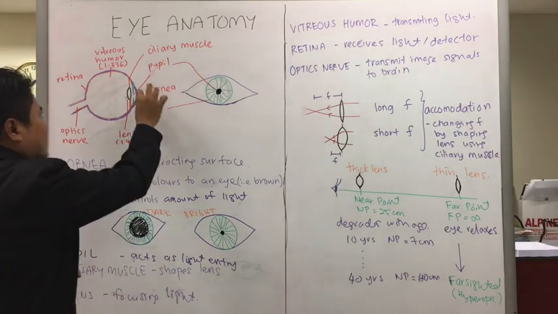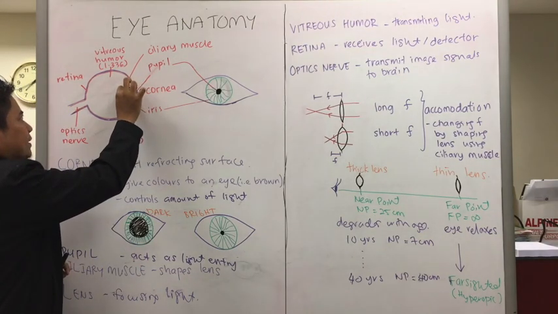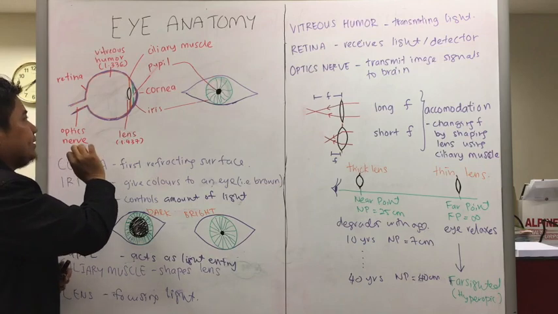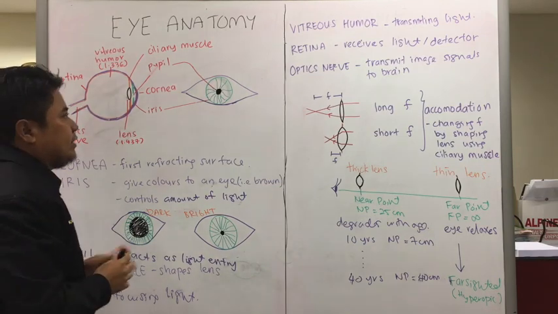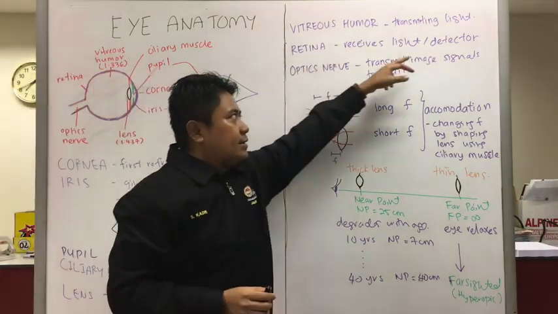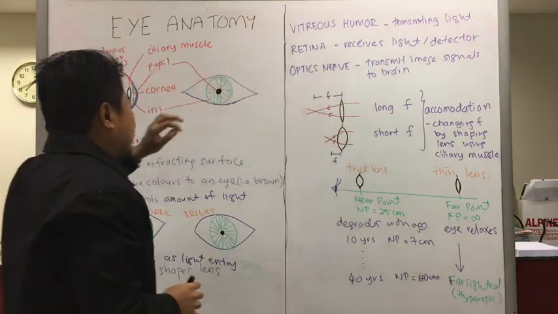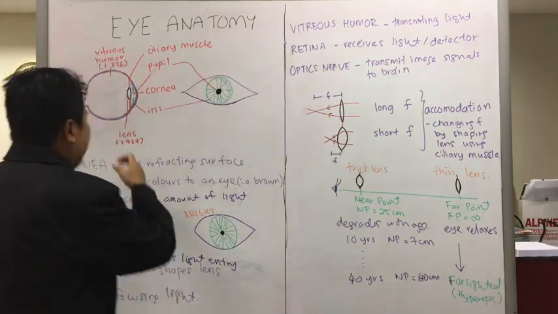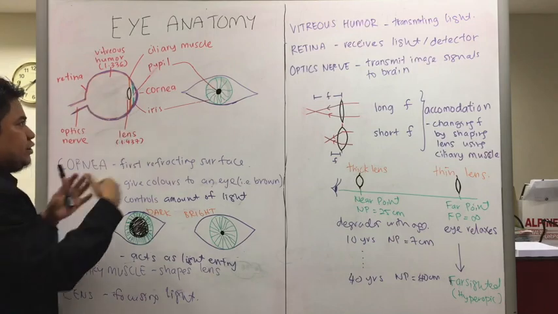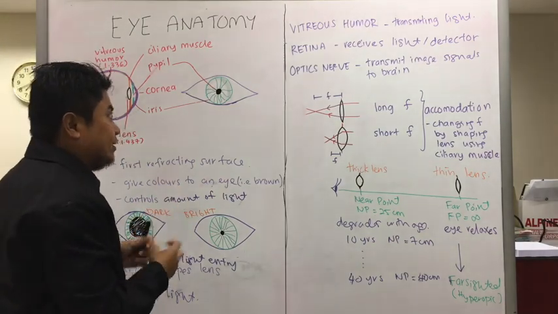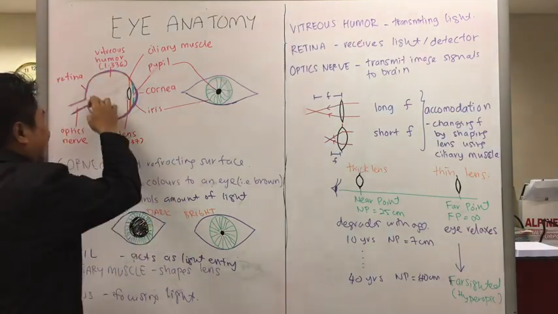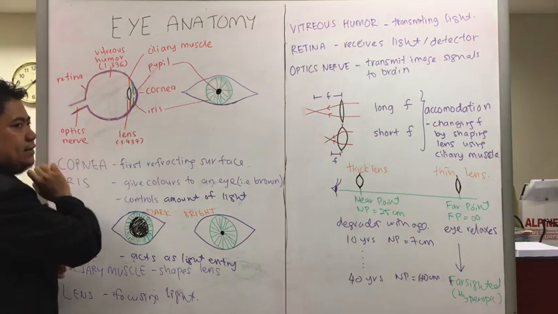Alright, and then light will be refracted and focused onto this retina, and the retina receives light and acts as a detector. When it detects this light, there is a conversion to an electrical signal in our body, and it will be transmitted by this optic nerve.